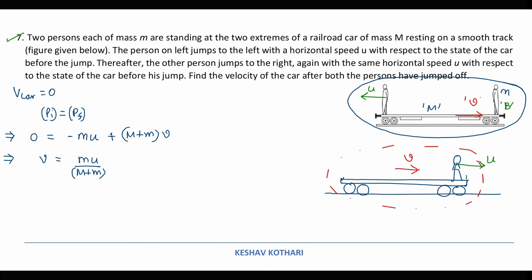So then I can frame an equation like this, that velocity of boy with respect to the railroad car is equal to u, as stated in the problem, who is going to jump towards the right.